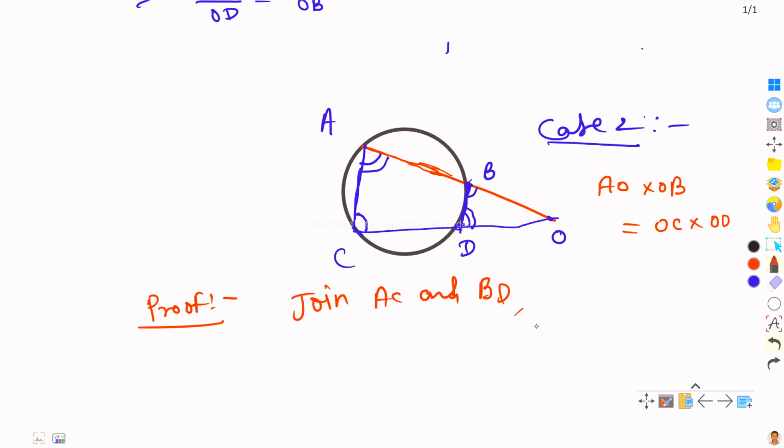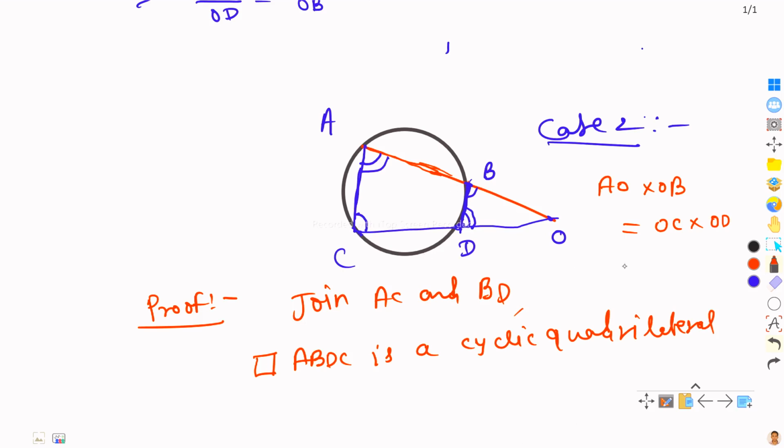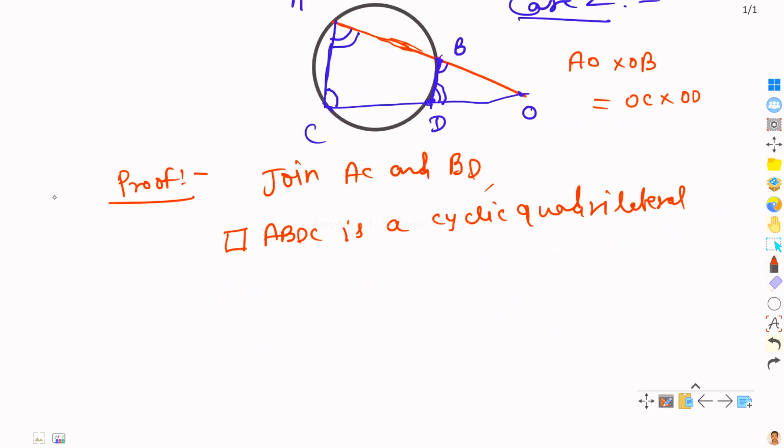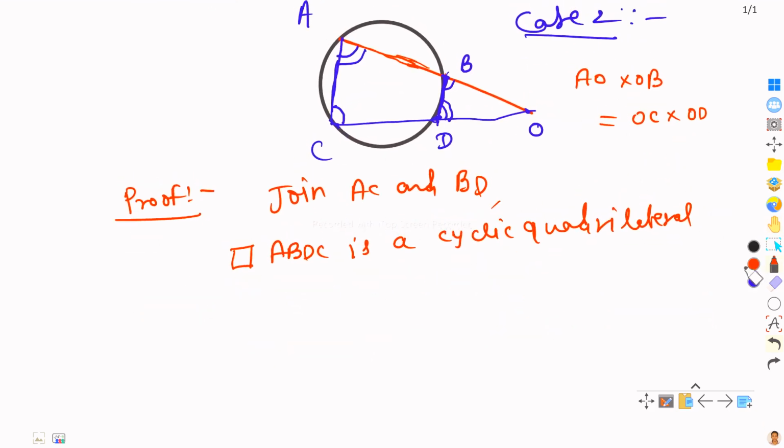ABDC is a cyclic quadrilateral, and in a cyclic quadrilateral the sum of opposite angles is 180 degrees.